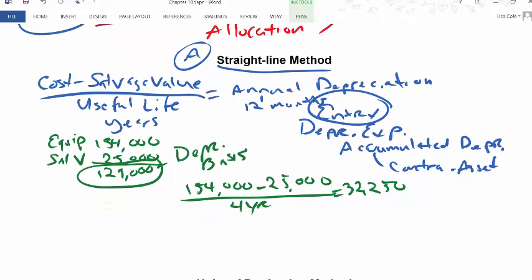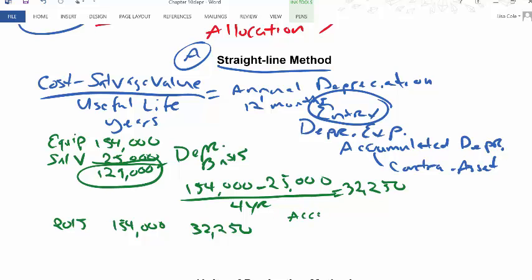And so if we do a little chart, let's say we bought this in 2015, and so we start off with 154,000 of book value at the beginning of that year. We're going to take depreciation of 32,250, and so that's my depreciation expense.